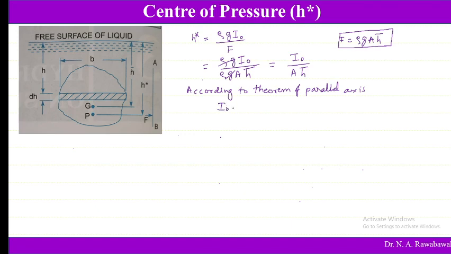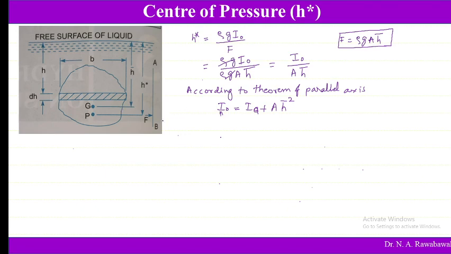I naught is equal to Ig plus A h bar square, where I naught is the moment of inertia about one axis which is at a distance of h bar from the free surface.